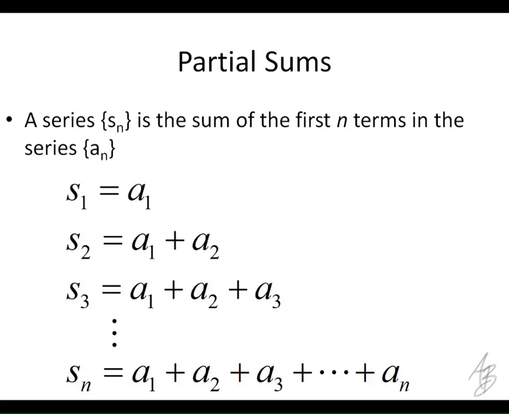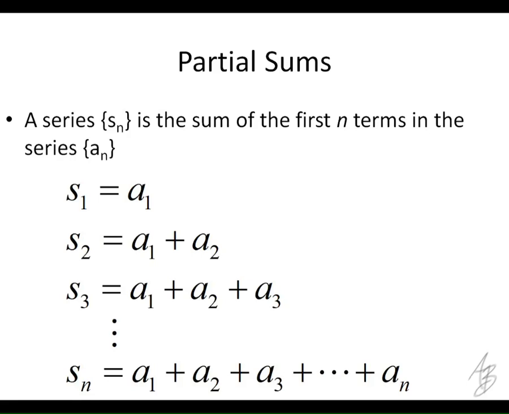So one other thing that we're going to need to know is something called partial sums. These partial sums are important in defining what it means for a series to converge. So a partial sum is just the sum of the first n numbers in the sequence. So if you add up the first n numbers, this looks a lot like, especially right here, that first formula I gave you for a series.